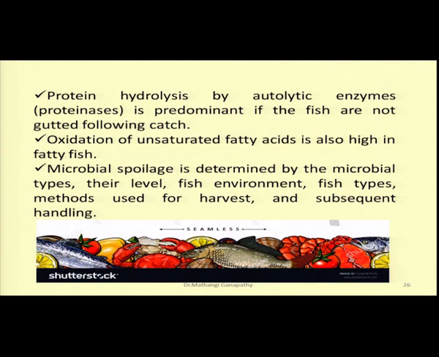You have a normal level present in water. If the microbial load is higher than normal in the environment, naturally the organism will have a higher than normal amount of microbiota, and this in turn will cause rapid spoilage of the fish concerned. And the method of harvest and the post harvest storage conditions will also affect the spoilage.